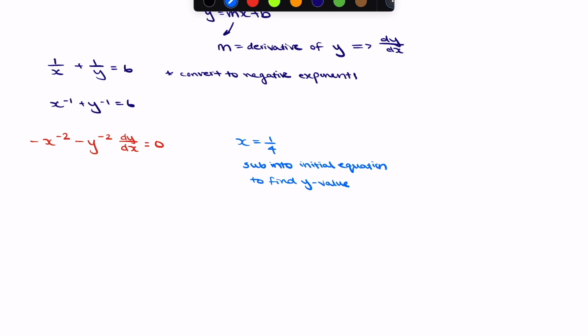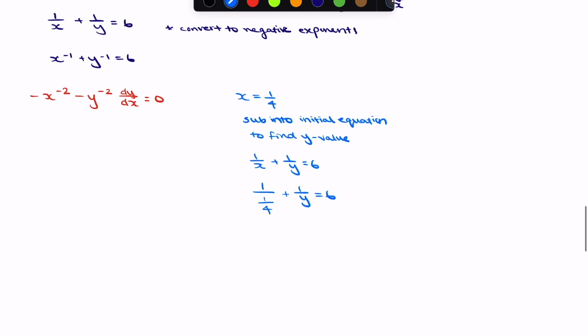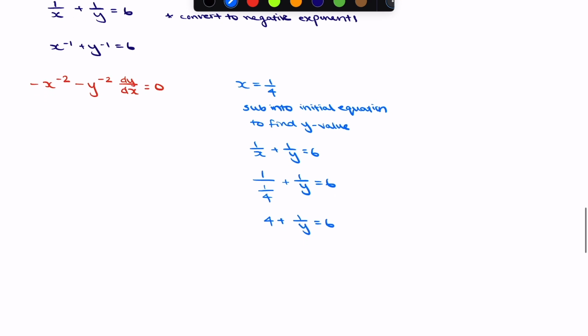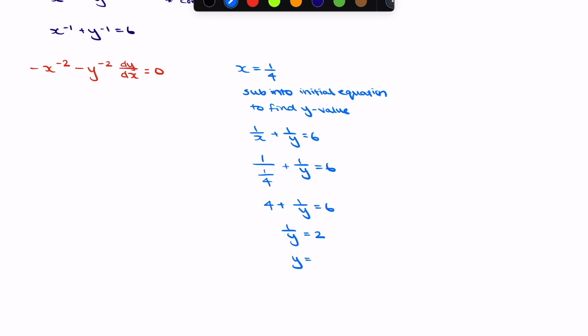So we have 1 over x plus 1 over y is equal to 6, and so 1 over 1 over 4 plus 1 over y is equal to 6. So here we have 4 plus 1 over y is equal to 6. And so therefore 1 over y is equal to 2, and y is equal to 1 over 2.